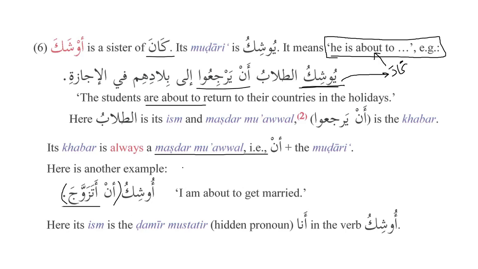Do you remember that with asa we also use masdar al-mu'awwal? Asa rabbukum an yaj'alakum. So asa and aushaka, both of them have the similar idea that whenever we have them, the khabar is always masdar al-mu'awwal.